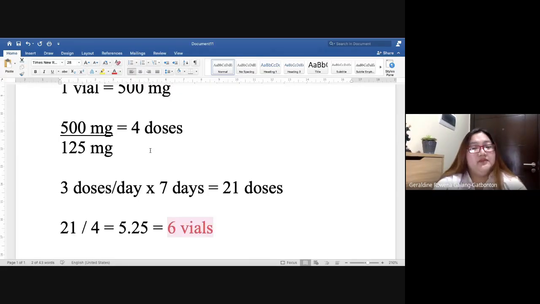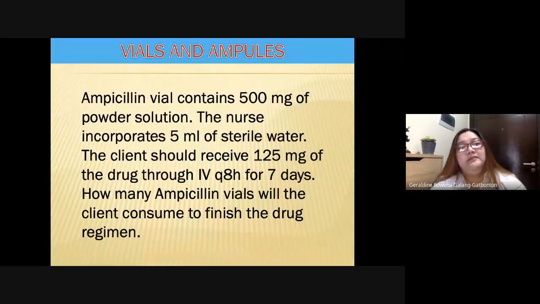Okay? So, ang una mo nang aalamin, gaano karami ba yung isang vial? Sumunod, yung isang vial na yan, ilang doses ba ang magagamit dyan? And then after nun, gaano karami ba lahat ng doses? So, may 21 doses.